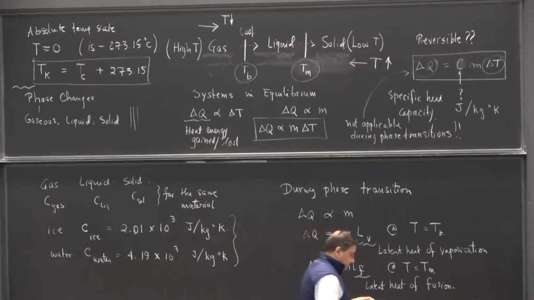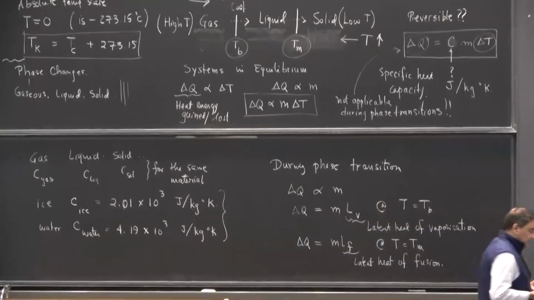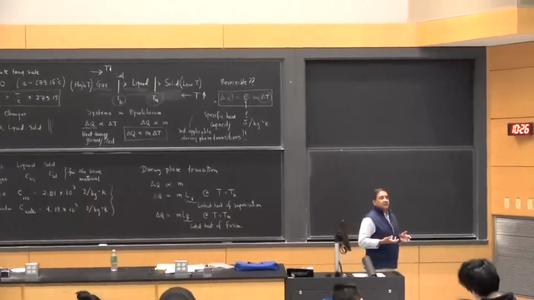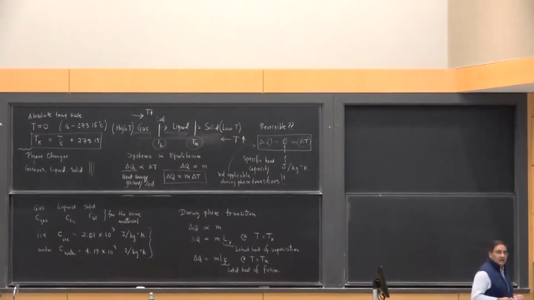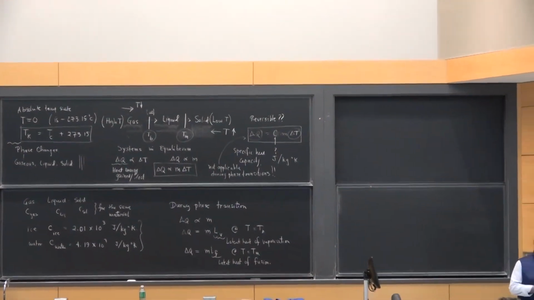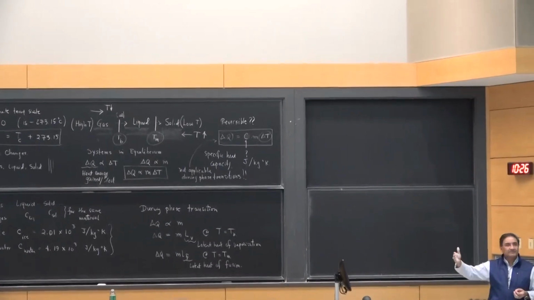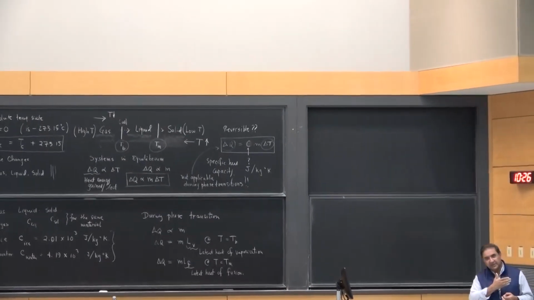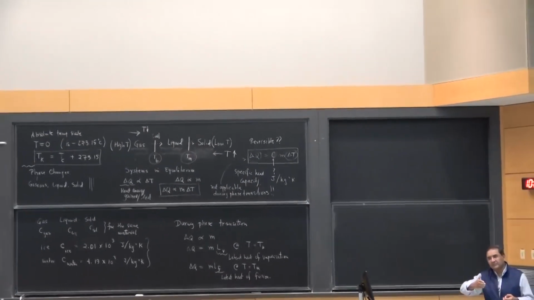So in the final exam, I will ask you, for example, how much heat is absorbed? Let's say if you take ice and you warm it up, making sure you're hitting equilibrium as you warm it up at every temperature.